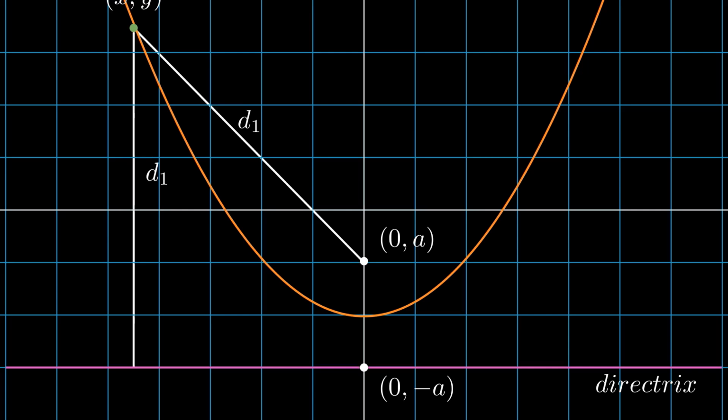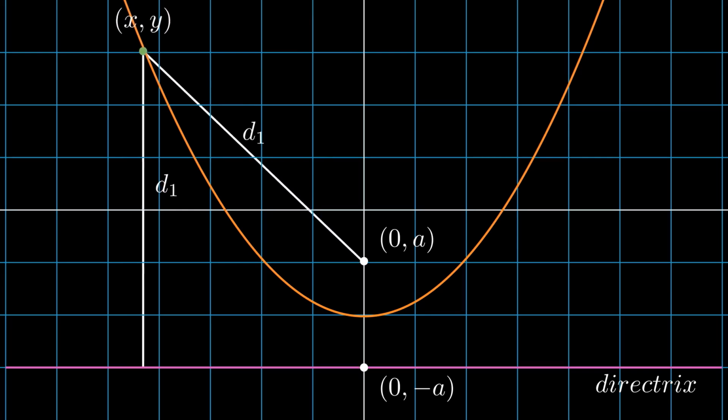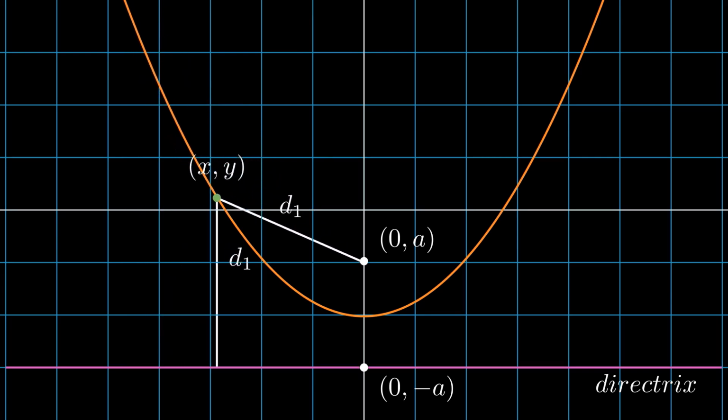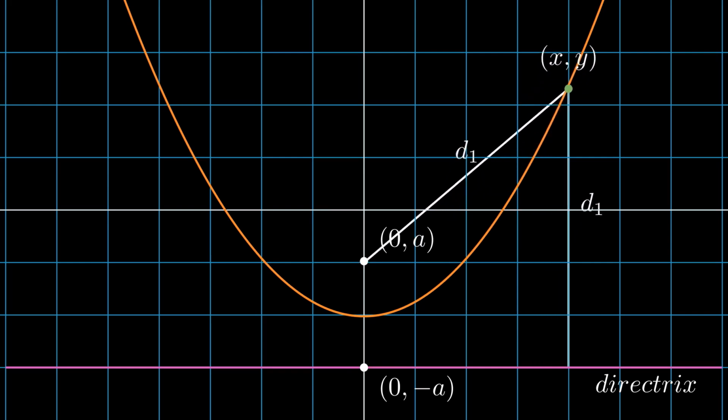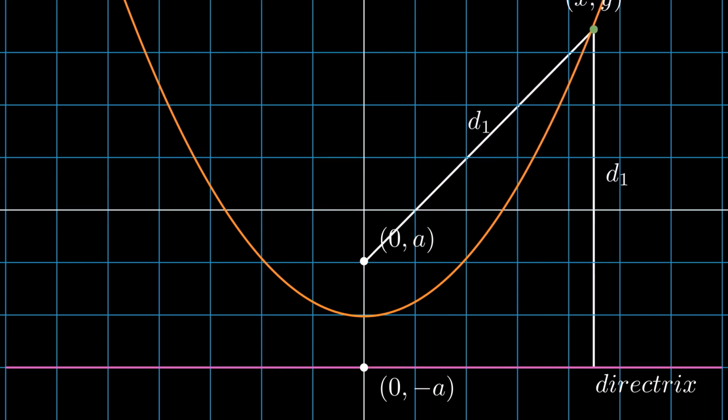A parabola is just a set of points, or a locus, for which the distance from any point (x, y) on the parabola to a line called the directrix equals the distance from that same point to a focus of that parabola.